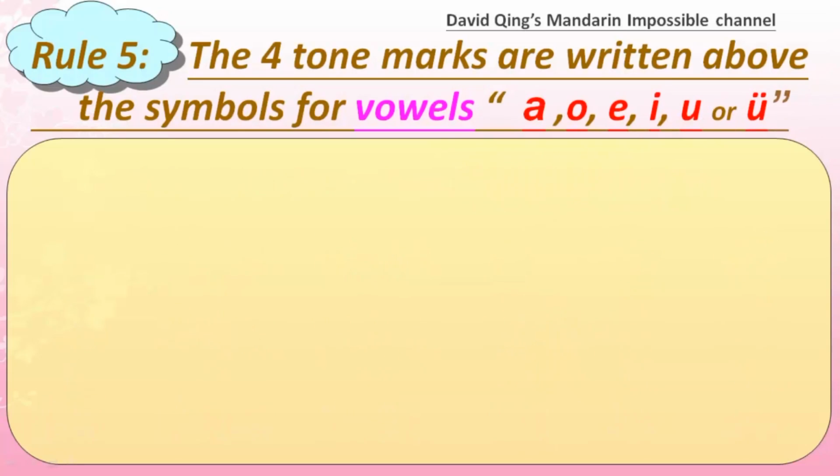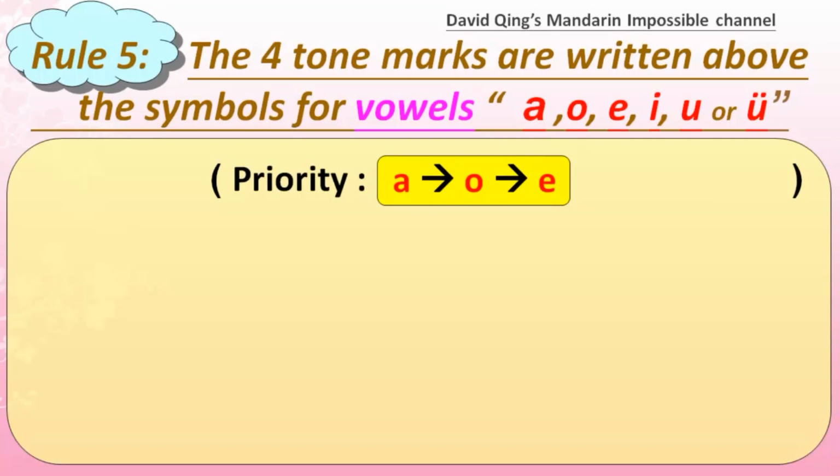Second, if the combination of the consonant and vowel has more than 1 symbol from a, o, e, i, u, and yu, then follow the symbol priority sequence like what you see on the screen. First, a, o, e, and then i, u, or yu to put the tone mark.